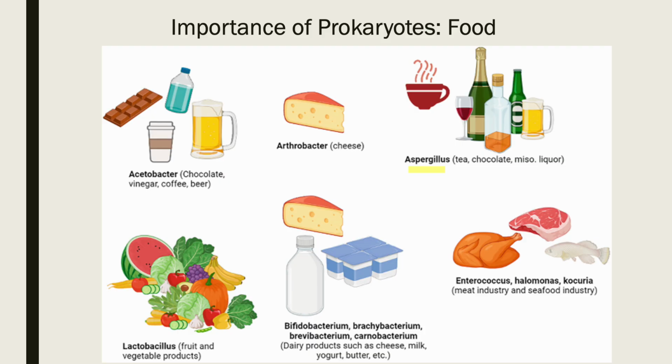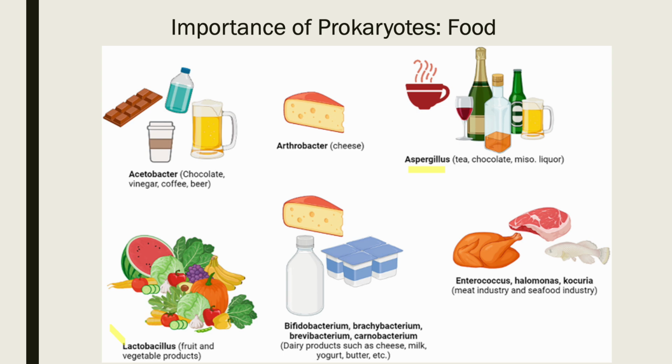Aspergillus is actually a type of fungi, but other bacteria can aid in the alcohol production. Lactobacillus or lactobacilli is found on and in fruits, which is extremely important bacteria for our own digestive system, and our own pH balance in our bodies.